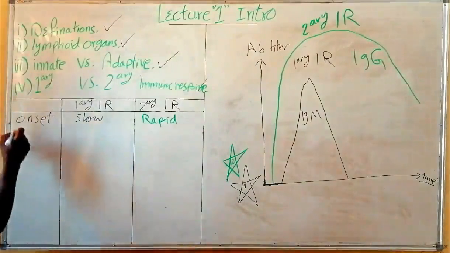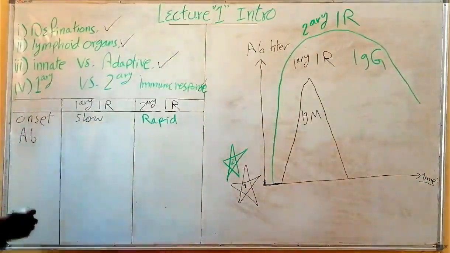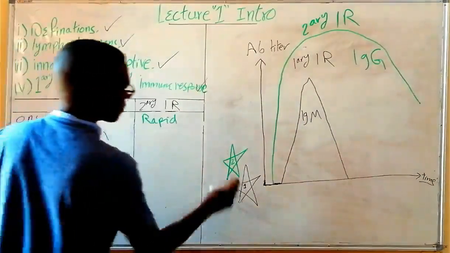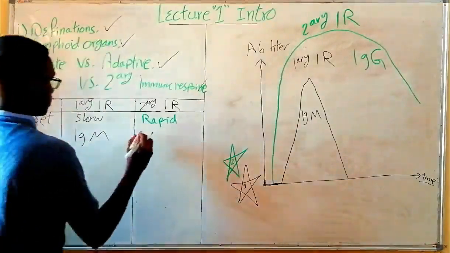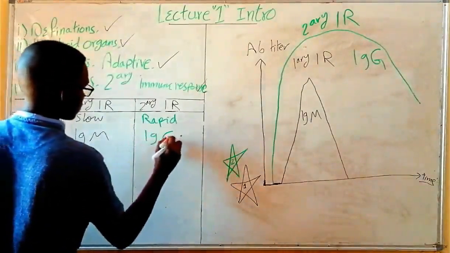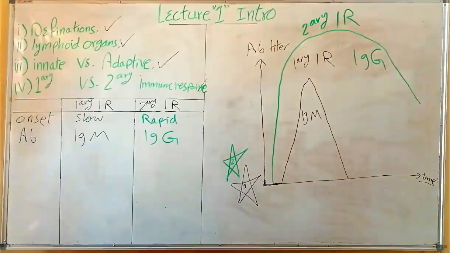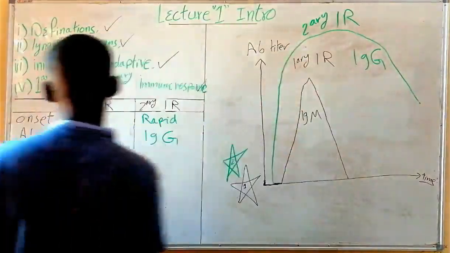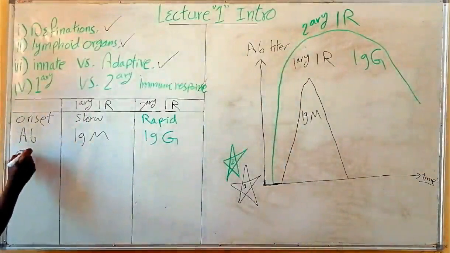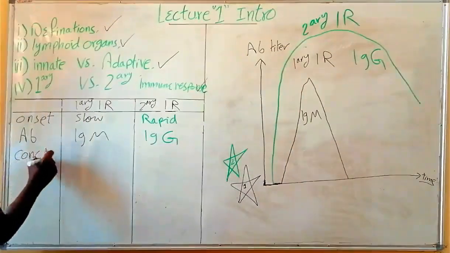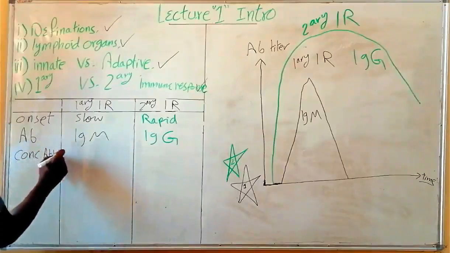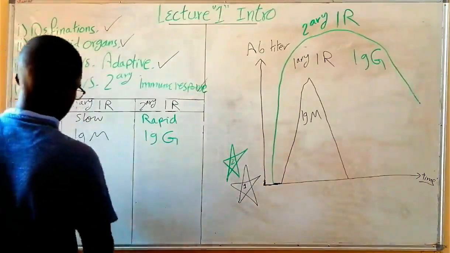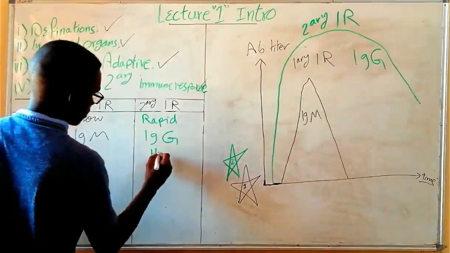What about the antibody involved? Primary, IgM. What about the secondary? IgG. Okay. What about the concentration, the antibody titer? Primary, low; secondary, high.